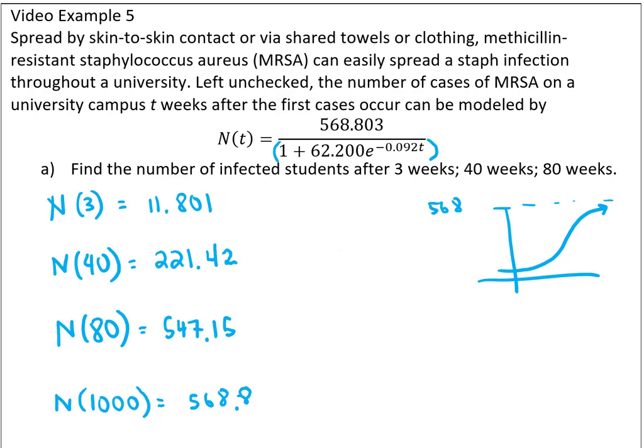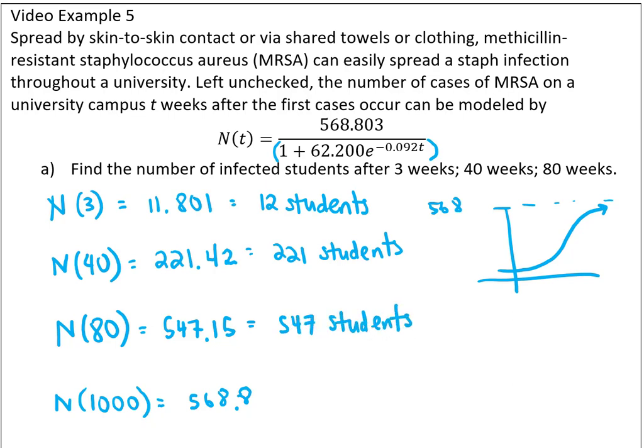It says, find the number of infected students after 3 weeks. We would want to round this to 12 students, 221 students, and 547 students. Because you can't have half a student or 0.8 students. So we would want to give those answers in integers.